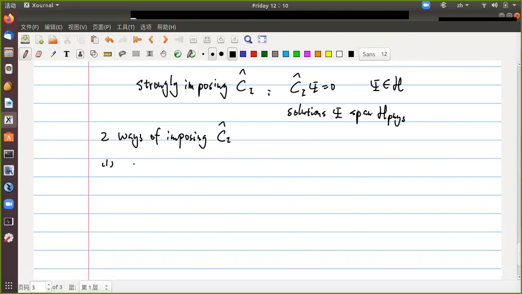So firstly, it is a more standard procedure. It is called Gupta-Bleuler formalism.